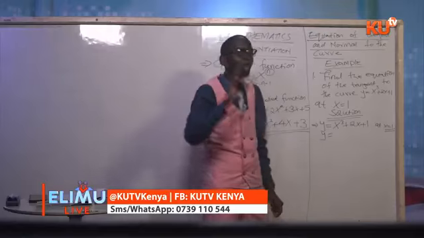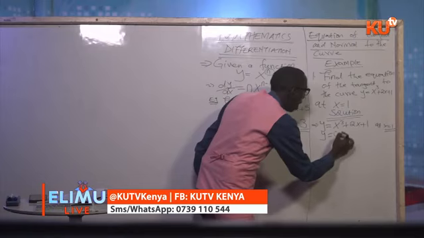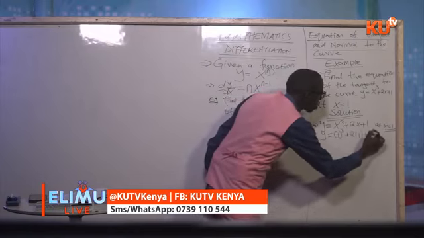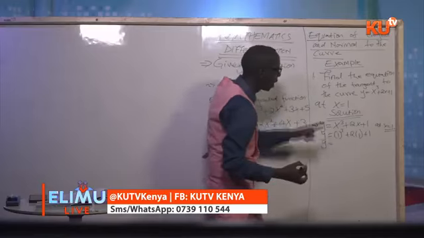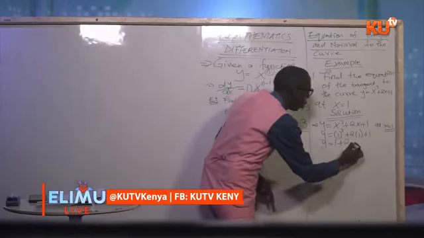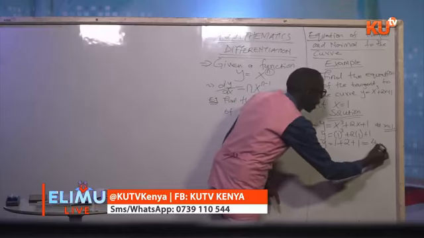So, 1 cubed plus 2 times 1 plus 1. This gives y as 1 cubed is 1, plus 2 times 1 is 2, plus 1. 2, 3, 4. Our value of y is 4.